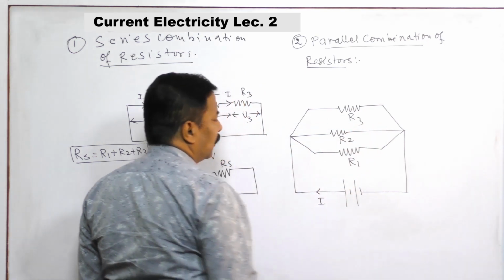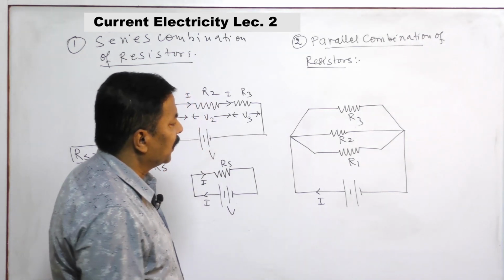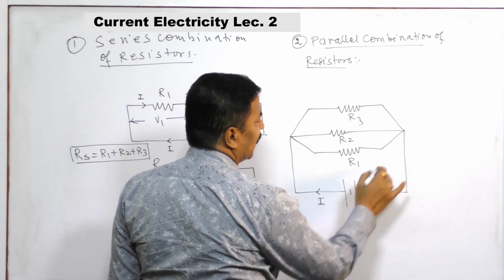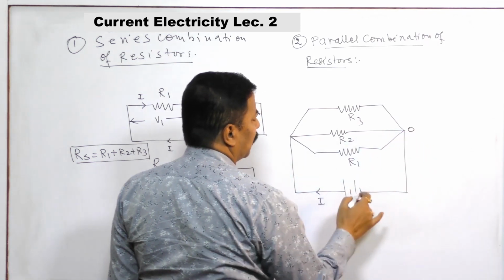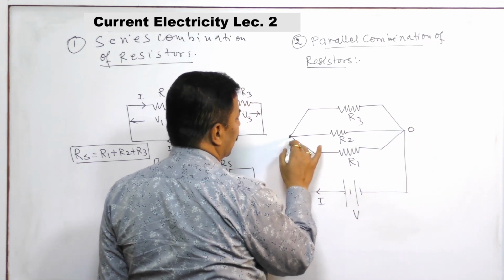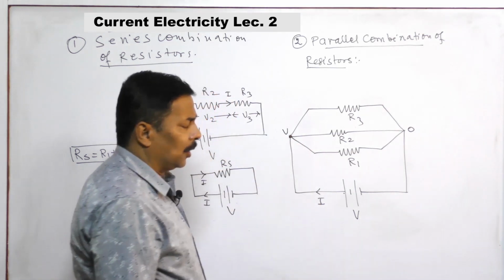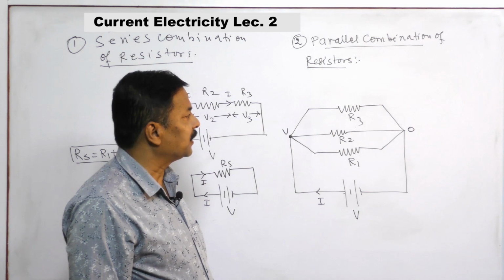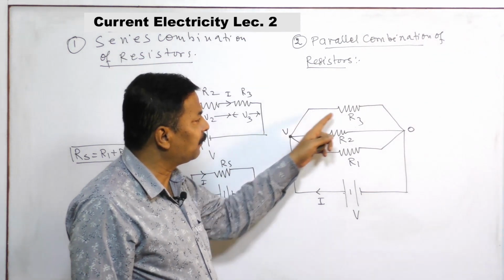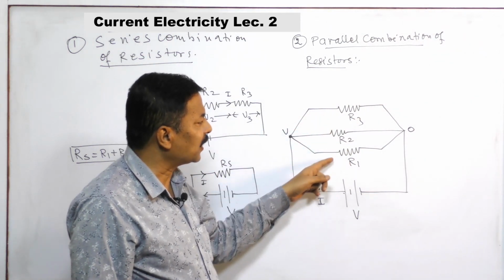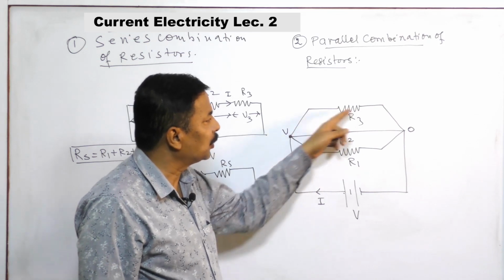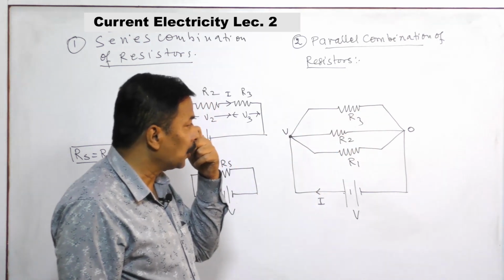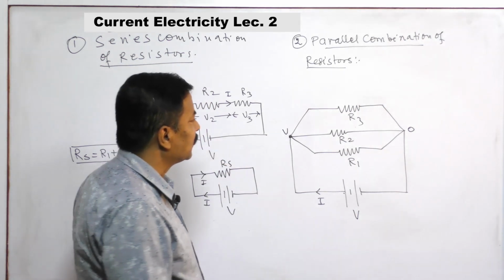I current. What you will observe is that the potential difference is V. If we consider this side as 0, lower potential, and this side as V, then here also the V is there. So in parallel combination of resistors, the potential difference across each resistor remains the same. Here also it is V, here also it is V, here also it is V. So the potential difference remains constant.